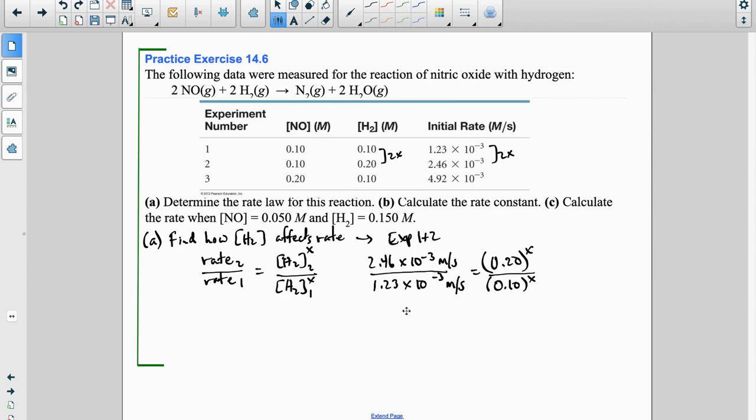And so I can see here that this is equal to 2, and this is equal to 2 to the x. So x equals 1. Okay, so the H2 is first order. Now we got to figure out how the NO affects rate.